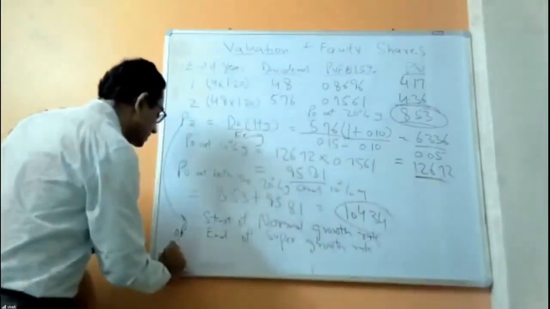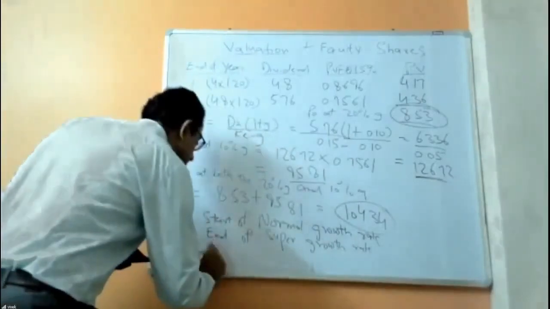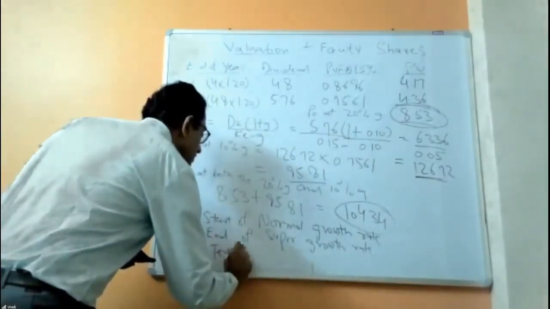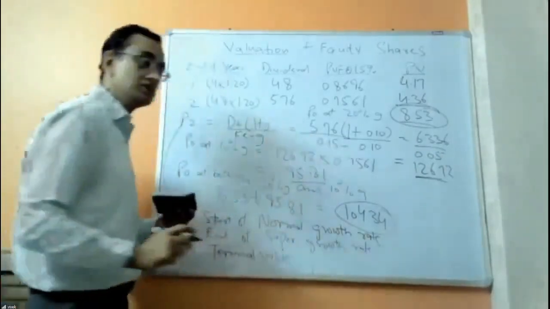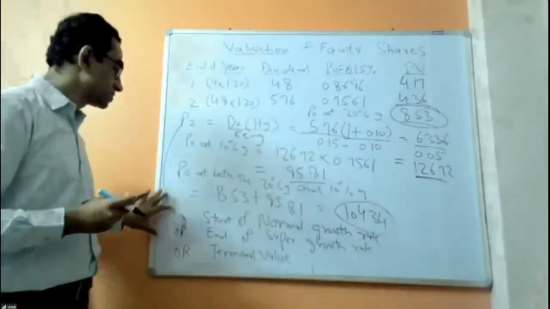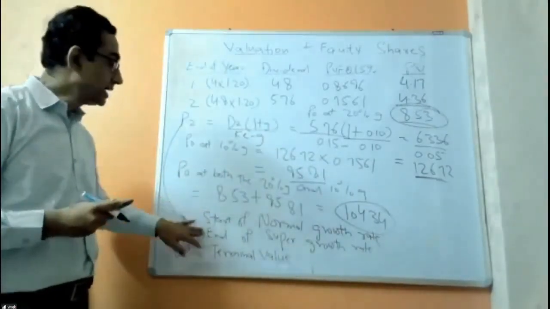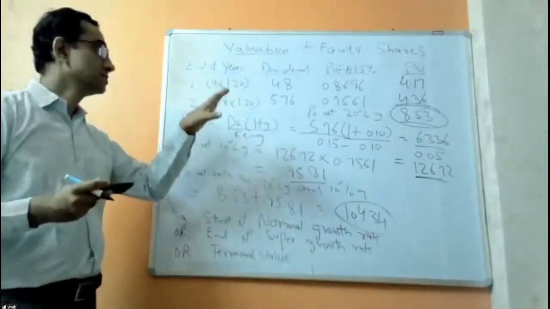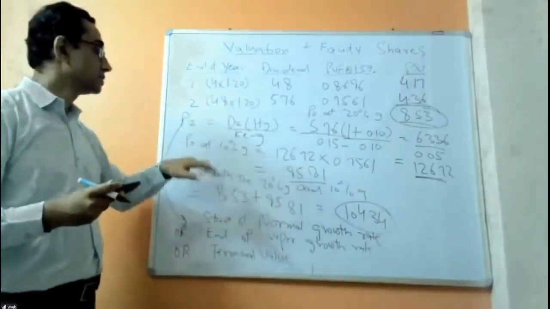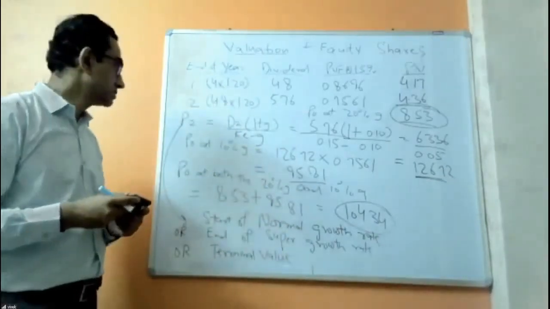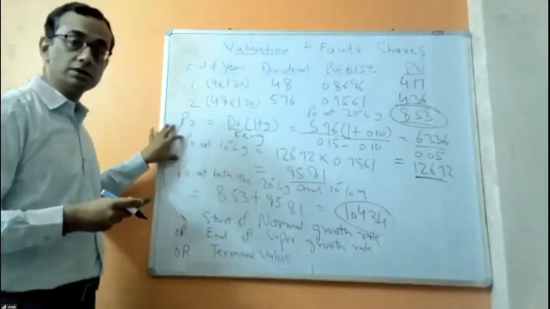And it is also sometimes called the terminal value. So if in some solution terminal value is used, don't get confused, it actually means the start of the normal growth rate period, or the end of the super growth rate period, which is the 20% in this particular question. So we have taken P2, which is the beginning of the third year.